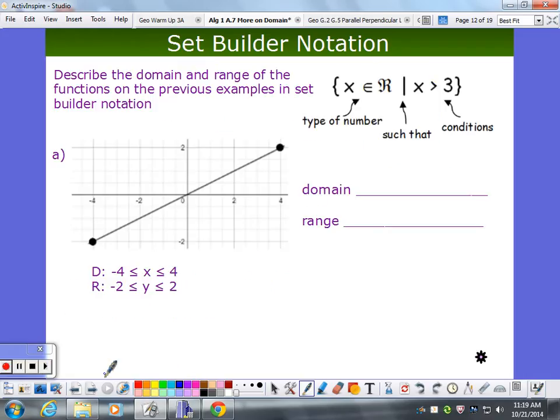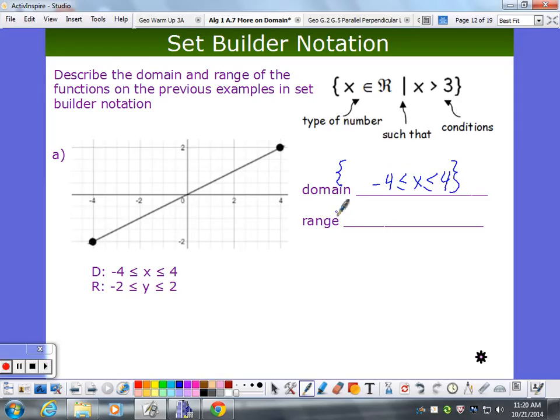So let's kind of revisit this. Now, let's go back. The domain here, you already told me this domain. You said it's between and including -4 and 4. Want to see how easy it is to put this in set builder notation? You'll watch it. Write this down on the back here. First of all, make your brackets.